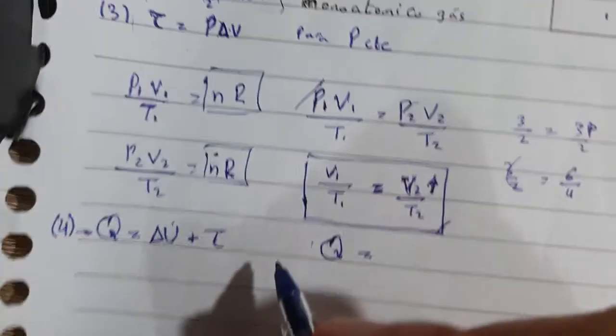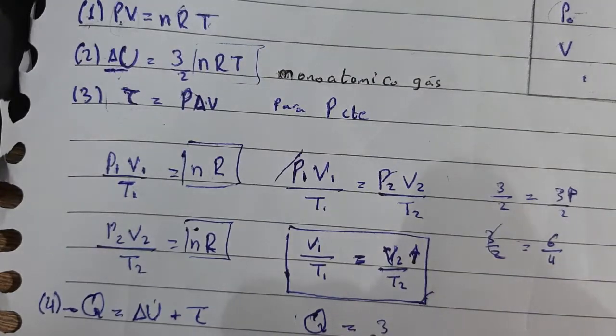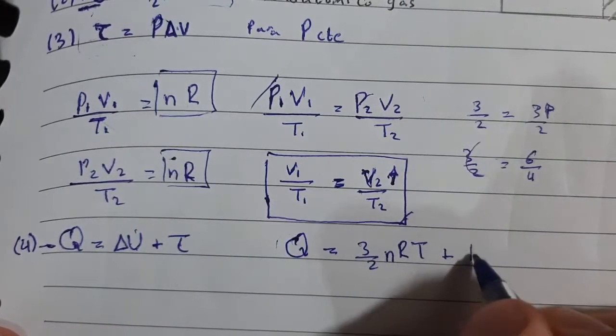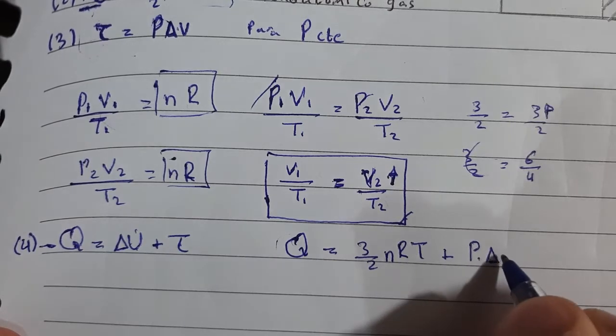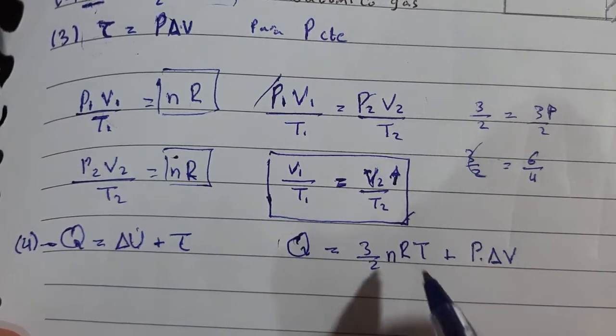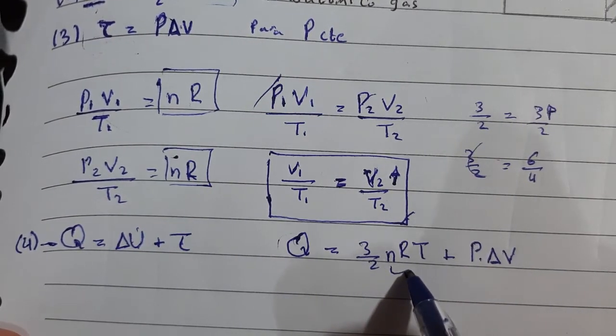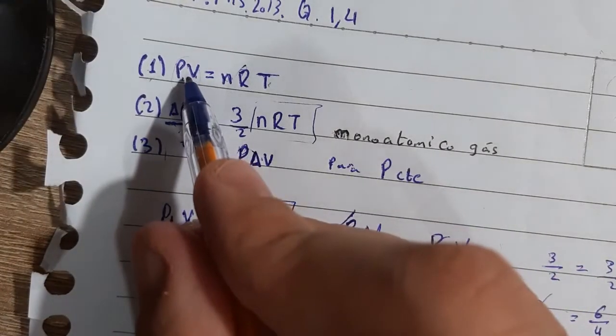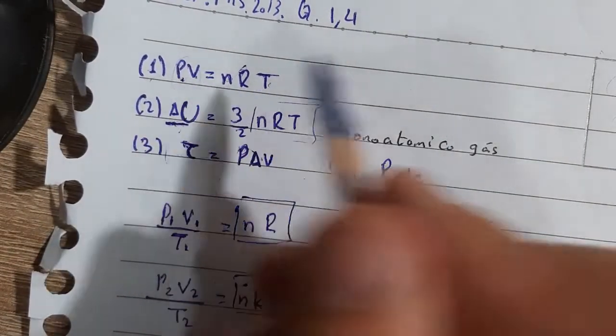So the internal energy, remember, is 3 divided by 2 nRT, plus the work. The work is pressure times the variation of the volume. But remember, what is nRT? It is the pressure times the volume.